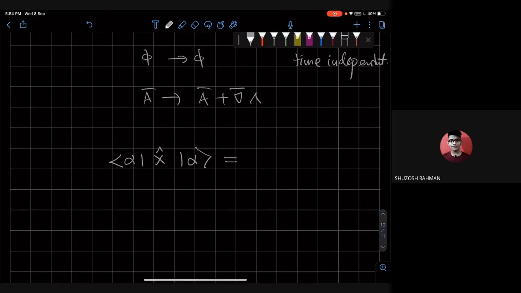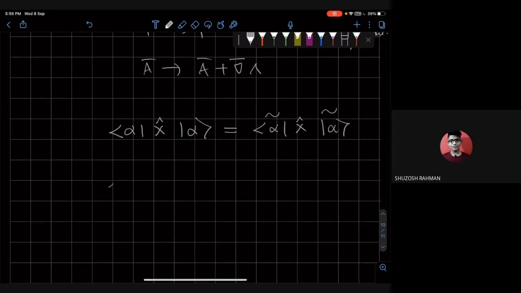Under gauge transformation, the state may change, so alpha goes to alpha tilde, but the expectation of X remains the same. This is something that we impose. Similarly, under the gauge transformation, the kinematical momentum, which is P minus QA by C, should also not change.